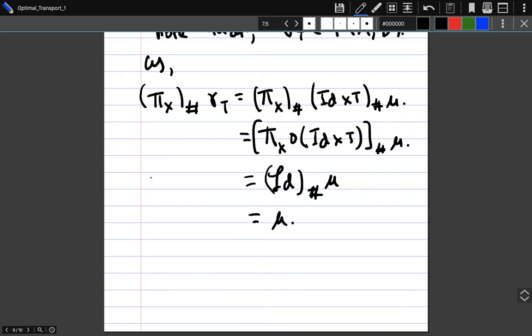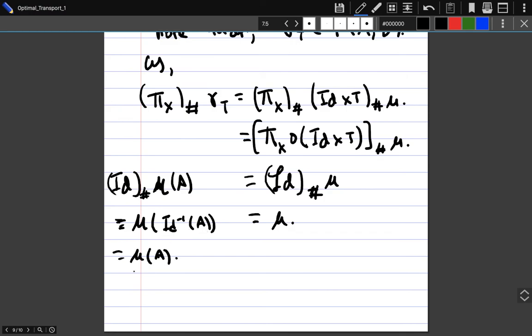Because yeah, we can check this very quickly. So identity push forward mu of A is nothing but mu of identity inverse of A, but then the inverse of A is just A, so it's just mu of A. So this is exactly mu.